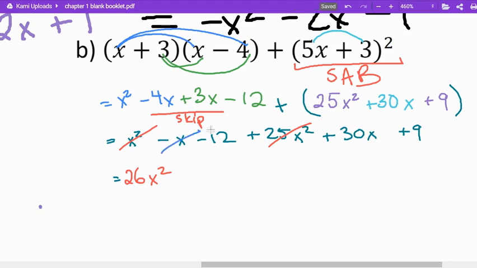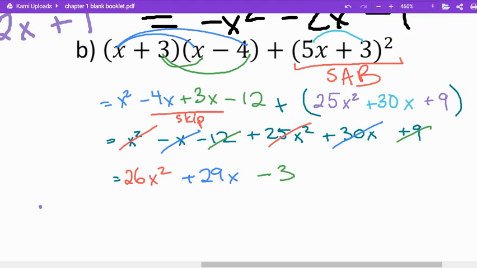Okay, negative x plus 30x plus 29x, negative 12 plus 9 minus 3. So as I cross out the terms, I know I've dealt with them. And if you have a really long expression, that just helps visually see that you've dealt with all these pieces.